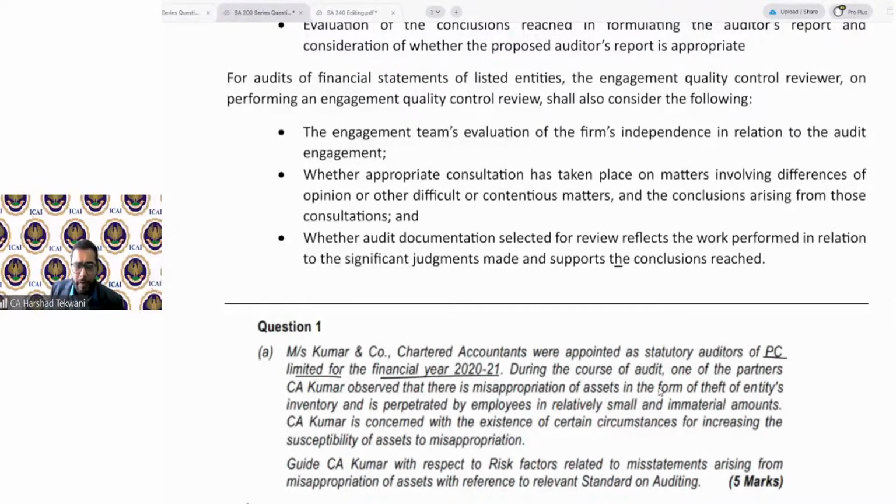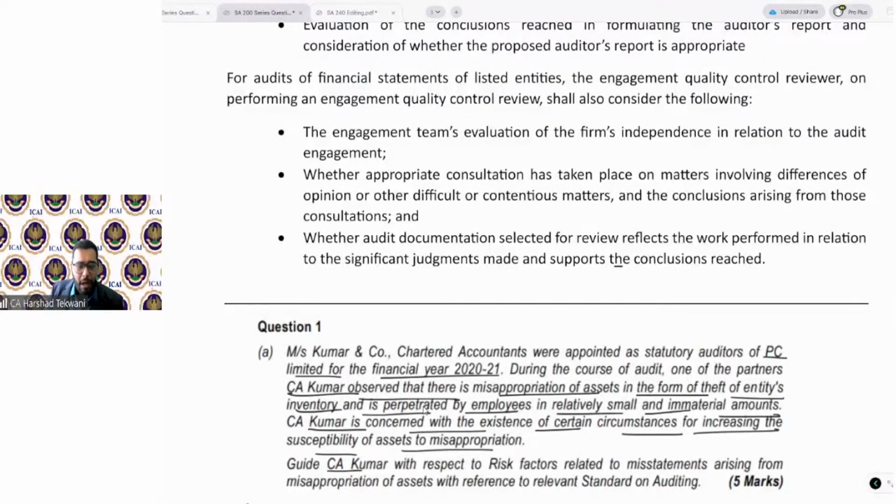During the course of audit, one of the partners, CA Kumar, observed that there is a misappropriation of asset in the form of theft of the entity's inventory, perpetrated by the employees in relatively small and immaterial amounts. CA Kumar is concerned with the existence of certain circumstances increasing the susceptibility of the asset to misappropriation.